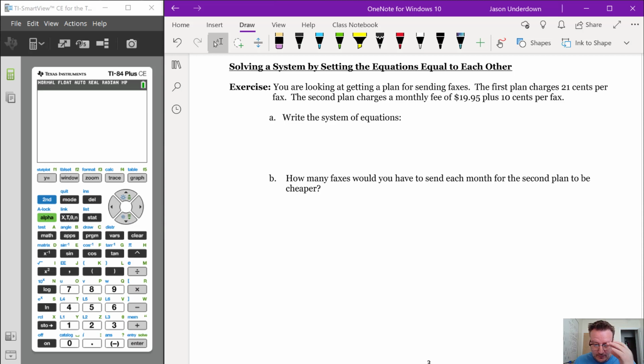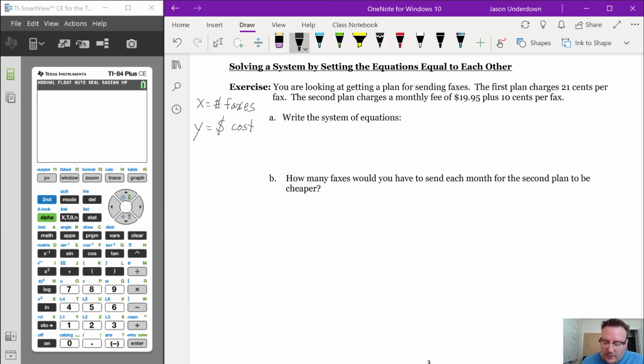So we have two different plans here. I could write this system as cost functions. Let's do it that way. We'll use x as the number of faxes we send each month, and y as the cost in dollars.